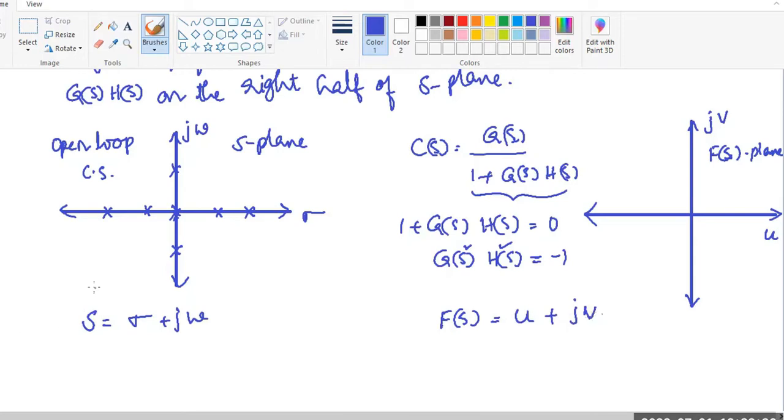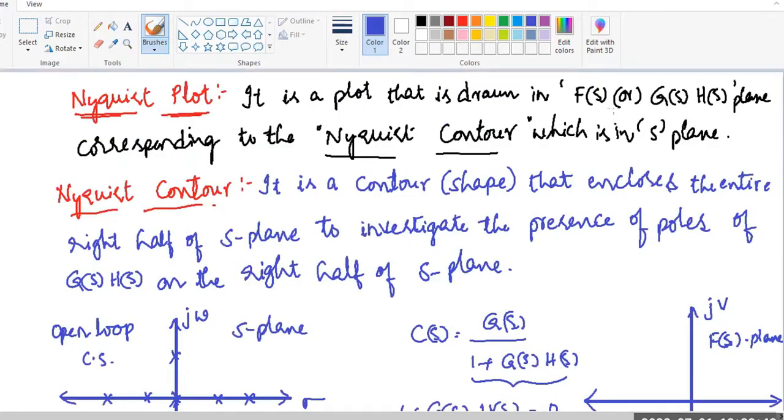This is a complex quantity. So what is meant by Nyquist plot? Nyquist plot is a plot that is drawn in F(s) or G(s)H(s) plane, corresponding to the Nyquist contour, which is in s plane.